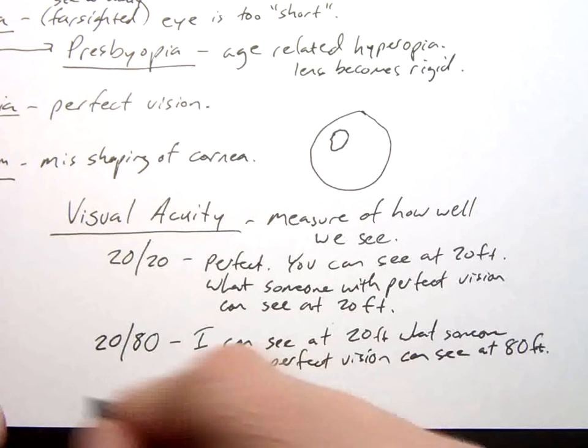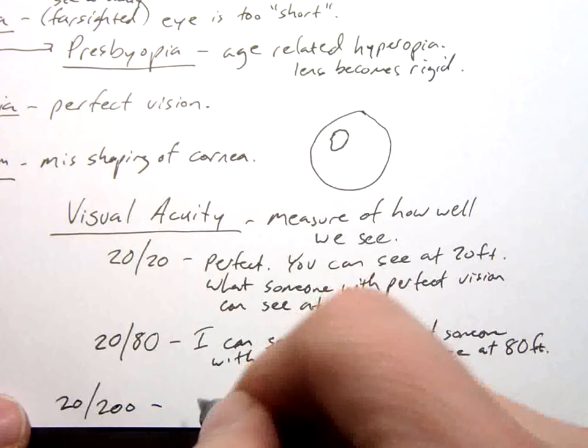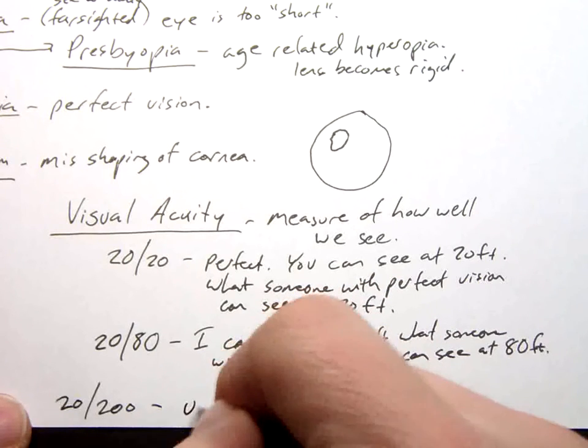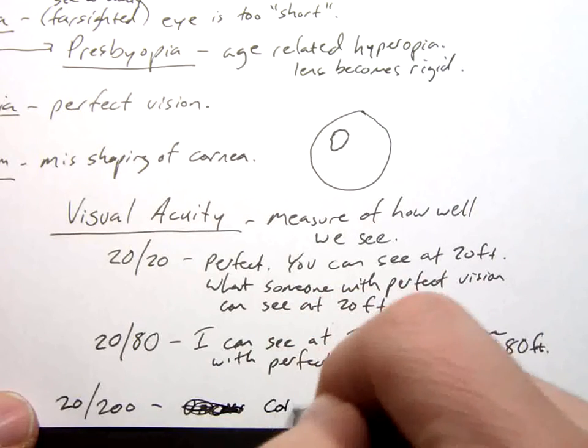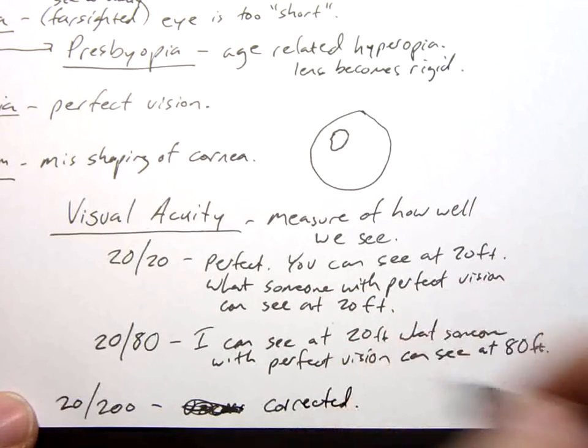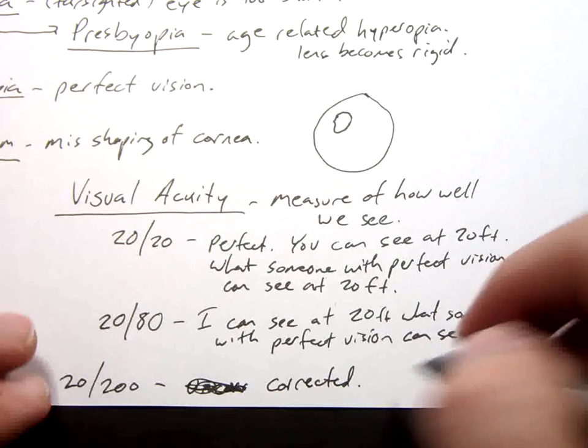But this one is of concern. If you're 20/200 uncorrected, no, I'm sorry, whoa, back that up. Corrected means that if you've got glasses, contacts, everything they can do to correct your vision, and you're still 20/200, guess what? You're legally blind.